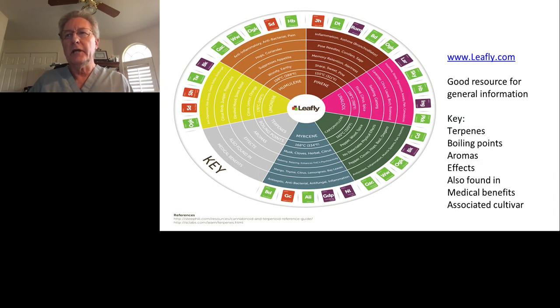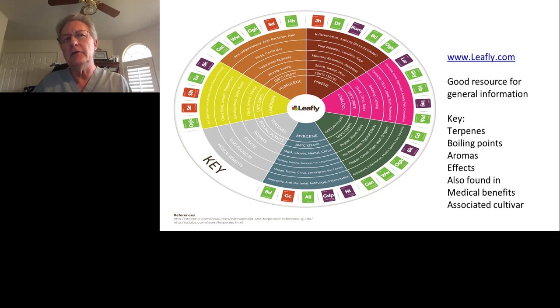In this slide, we're looking at another good general resource of information. And in this wheel, we're looking at terpenes, boiling points of those terpenes, aromas, the effects physiologically, where they're found, some of the medical benefits, and then on the outside, the associated cultivar. These colors Leafly has presented, and they've been relatively adopted into the dispensary channel, looking at the different types of cultivars.